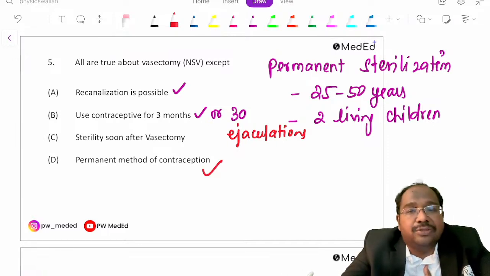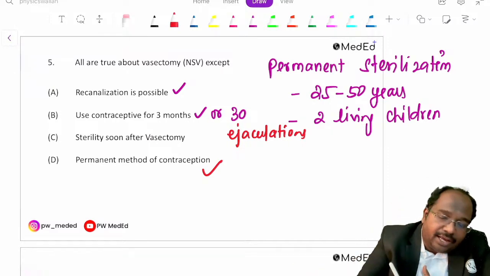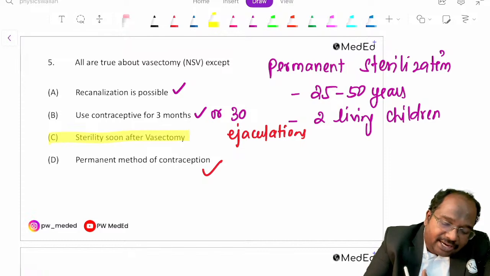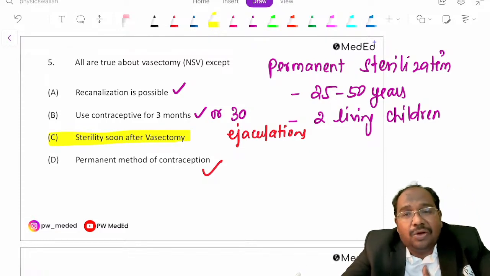So what is wrong here? Sterility soon after vasectomy is wrong. Following vasectomy, they should use some other method of contraception for 12 weeks or 30 ejaculations.